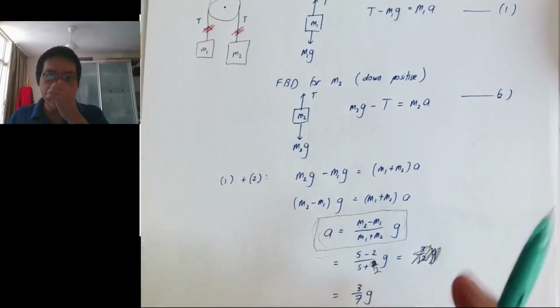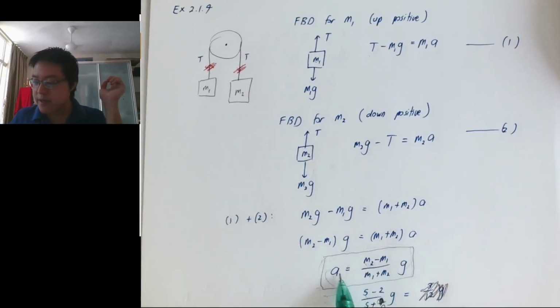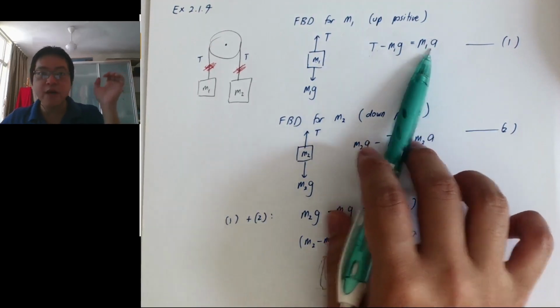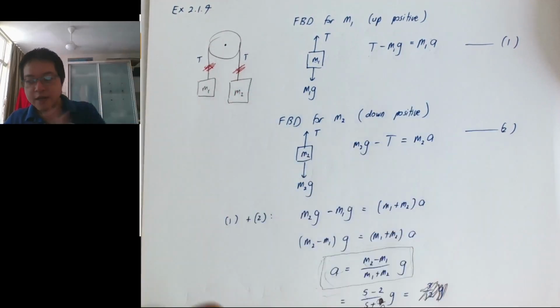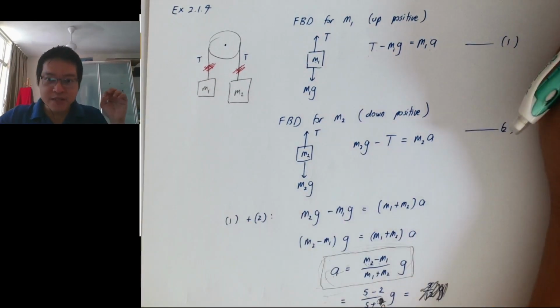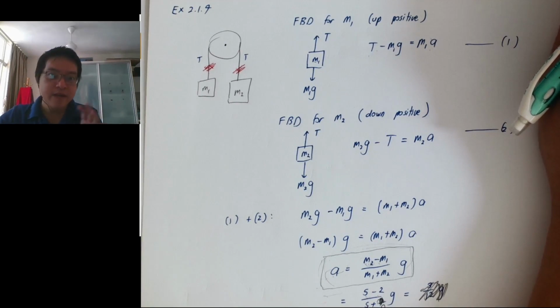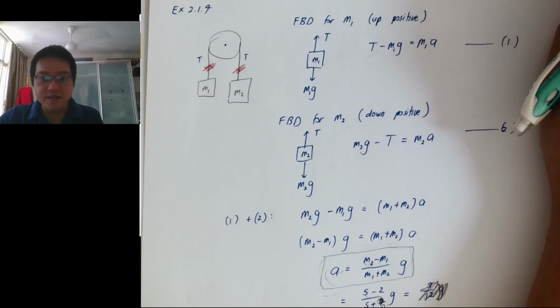What I was saying, if m2 is greater than m1, then acceleration is a positive number. So m1 will go up, m2 will come down. That is correct. If m2 is heavier, it will pull it down. But if m2 is lighter than m1, then my acceleration is negative.